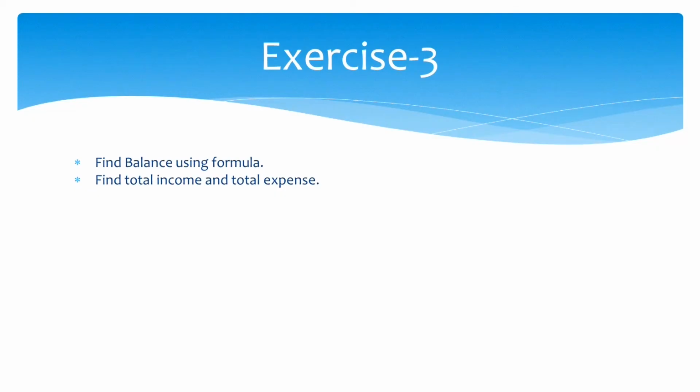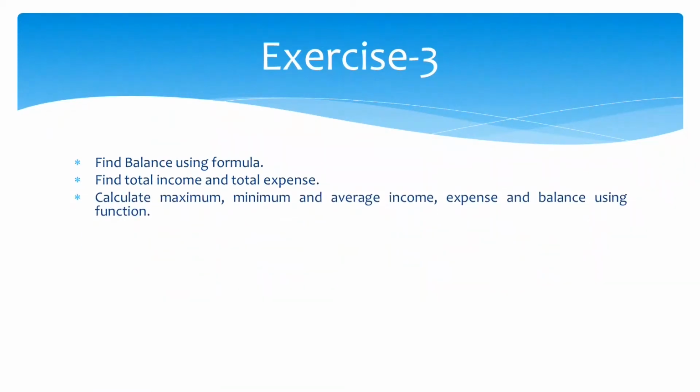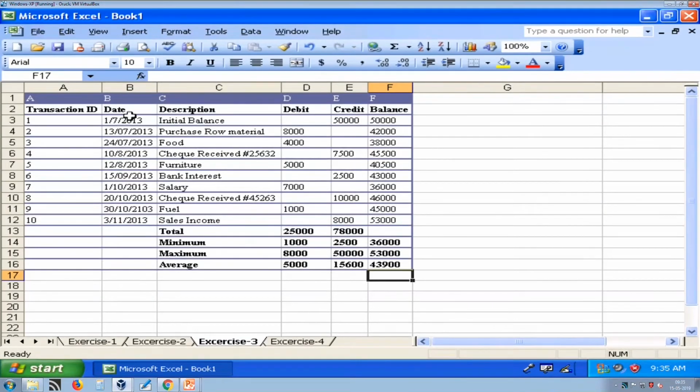So, we found the balance, we have found the total income and total expense, we have calculated the maximum and minimum. Now, we want to sort in descending order of date. So, here is our date, you just press A to Z for ascending and Z to A for descending. So, I press Z to A, sort descending.